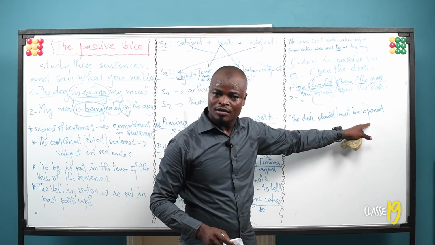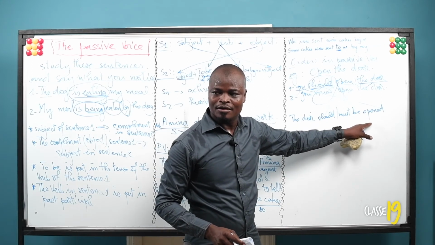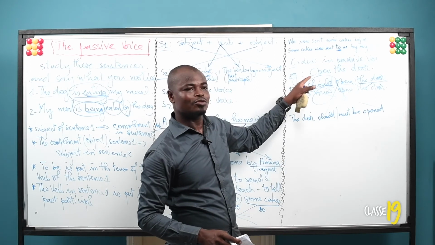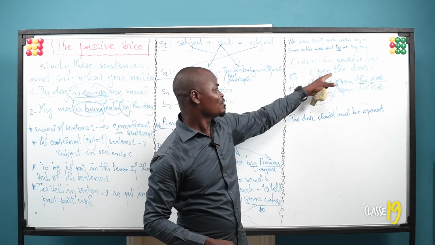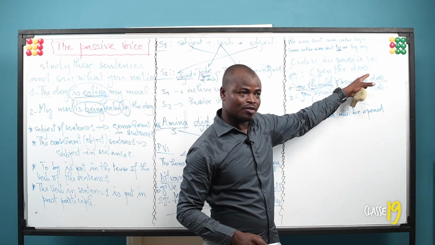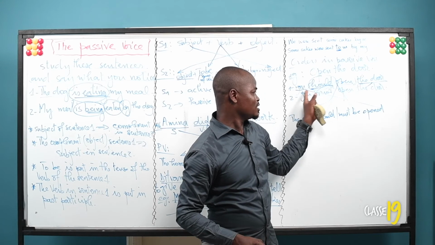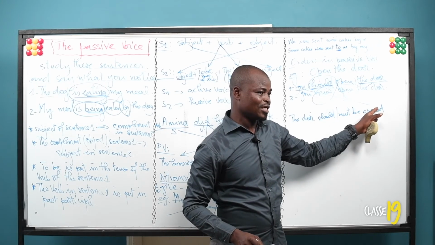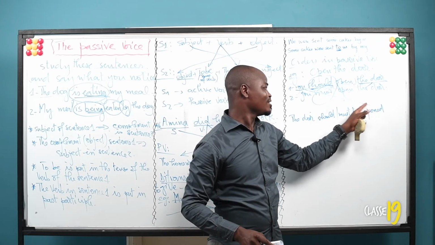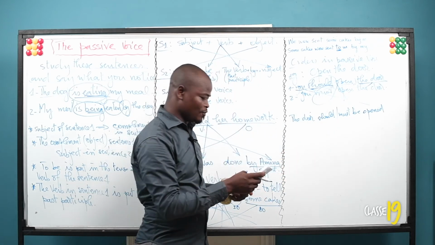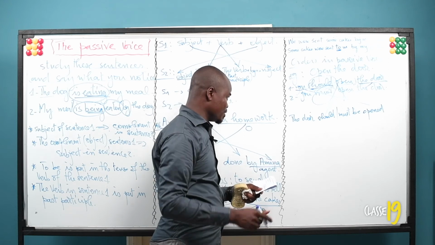Why don't we use by here? I will say it later, but what you have to put in mind is that with this sentence, we don't have a subject here, so this arrow is not necessary. We don't have a subject, but there is another reason that I will give you in a few minutes.